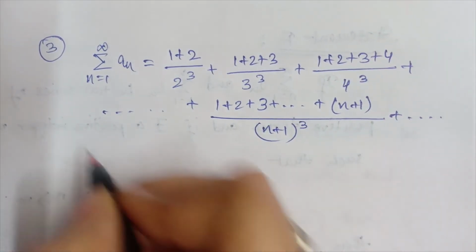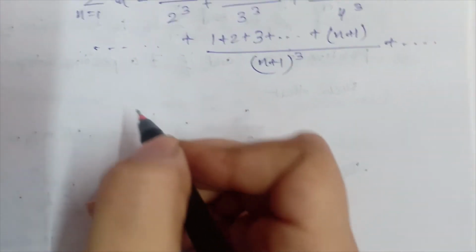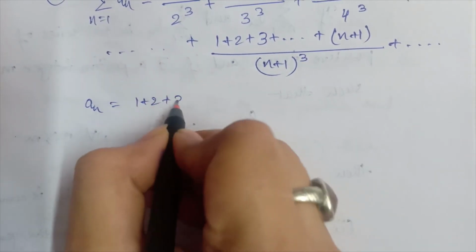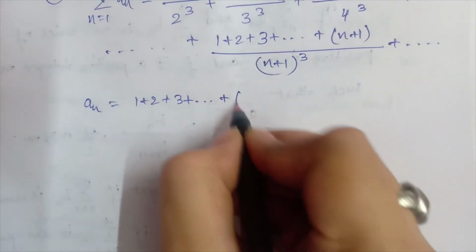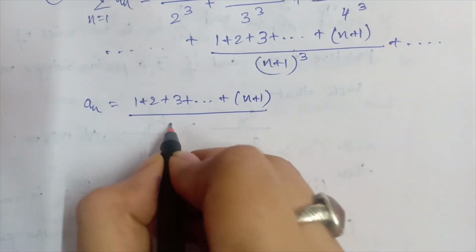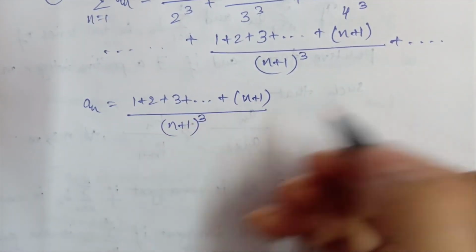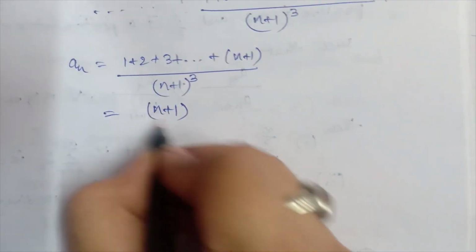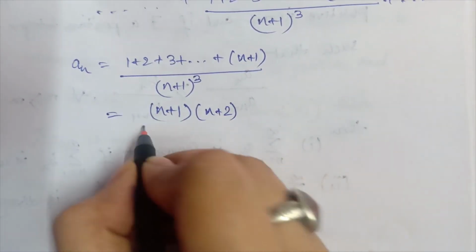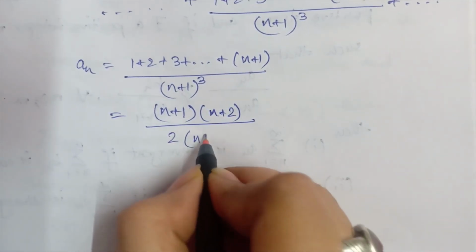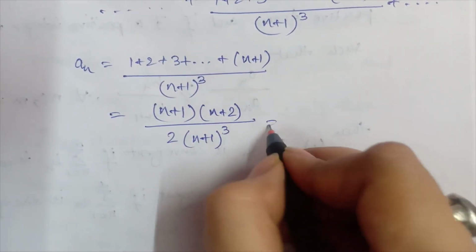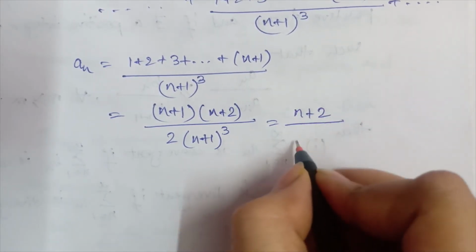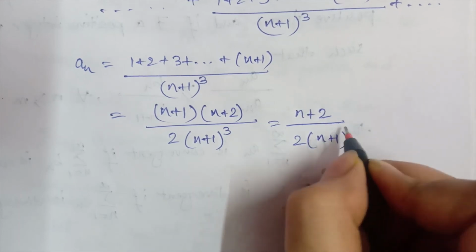This goes on. So we can write that an equals 1 plus 2 plus 3 plus till n plus 1 by n plus 1 whole cube. This can be written as n plus 1 into n plus 2 by 2 into n plus 1 whole cube, which equals n plus 2 by 2 into n plus 1 whole square.